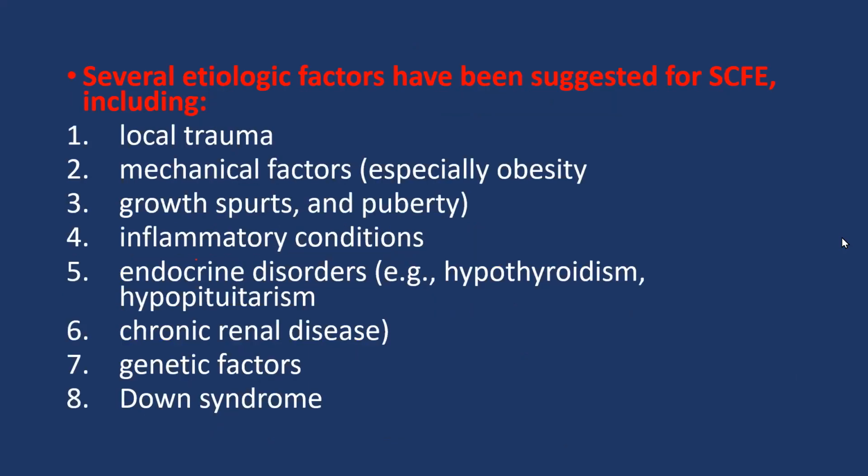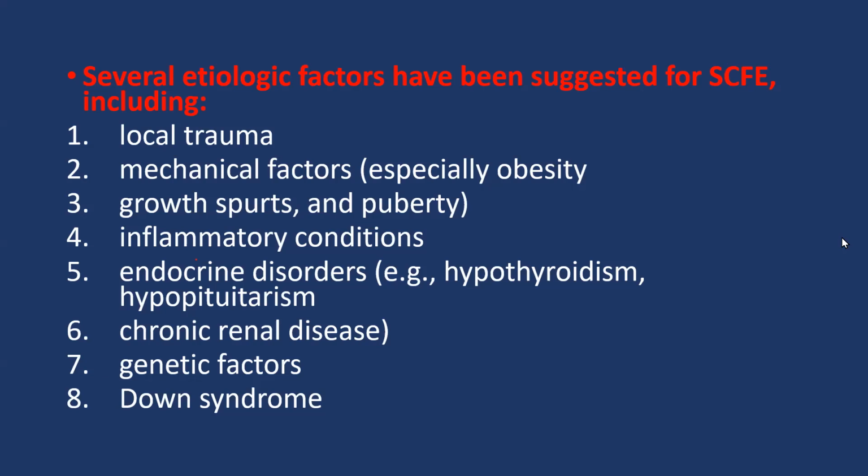Several etiologic factors have been suggested for slipped capital femoral epiphysis, including local trauma, mechanical factors, especially obesity, growth spurts and puberty, inflammatory conditions. They weaken the physis, and therefore they have it.